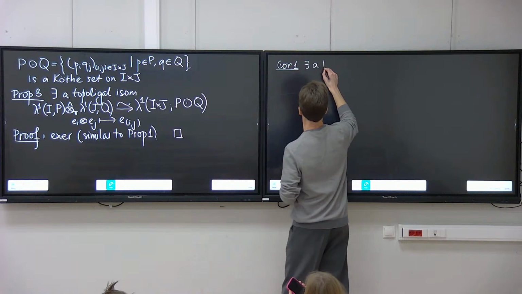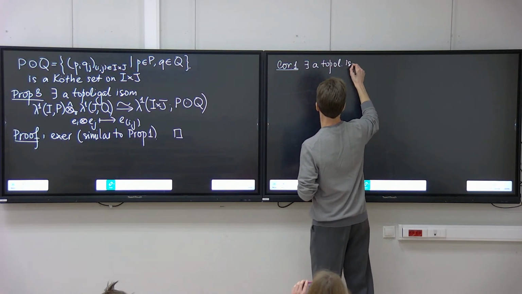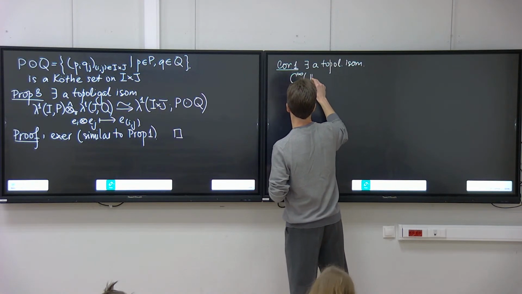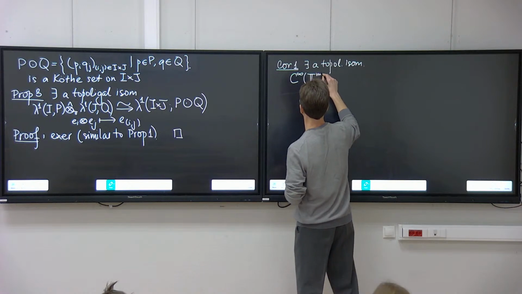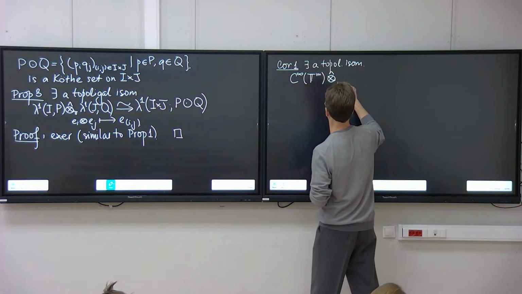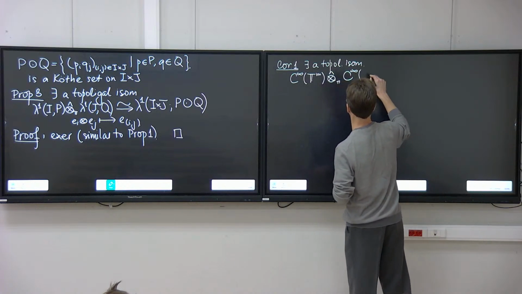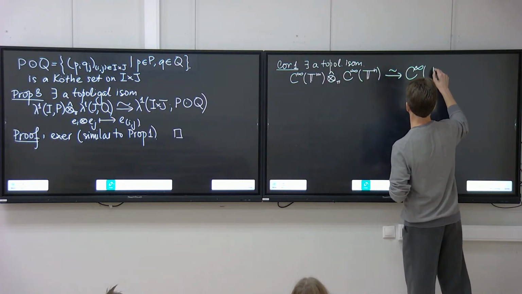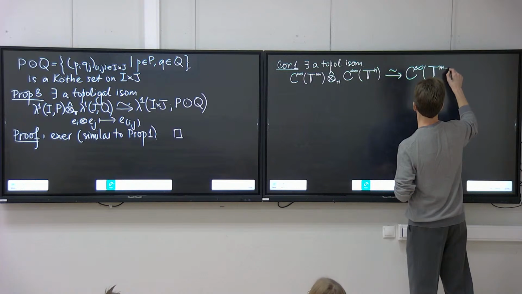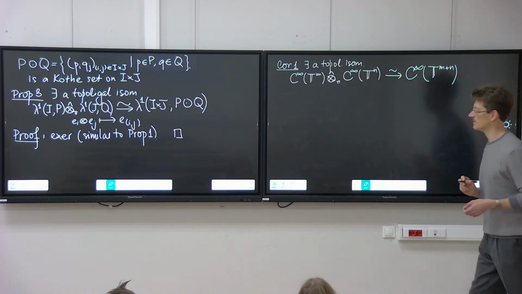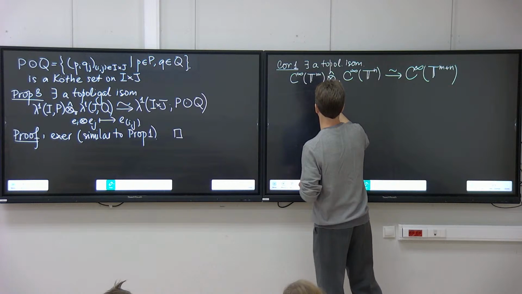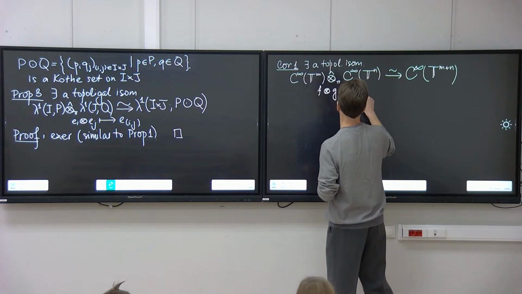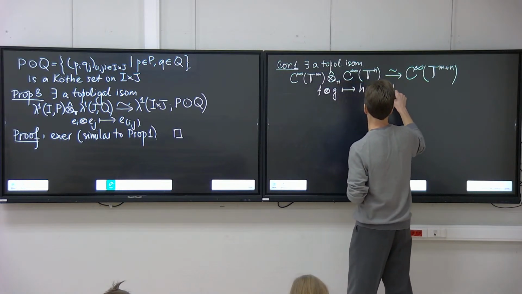There exists a topological isomorphism between the projective tensor product of the space of smooth functions on the m-dimensional torus and the space of smooth functions on another torus of dimension n, and the space of smooth functions on their product, that is, on the torus of dimension m plus n. And this isomorphism is uniquely determined by the following formula. It takes every elementary tensor f tensor g to the function h, where h is given by the following formula.